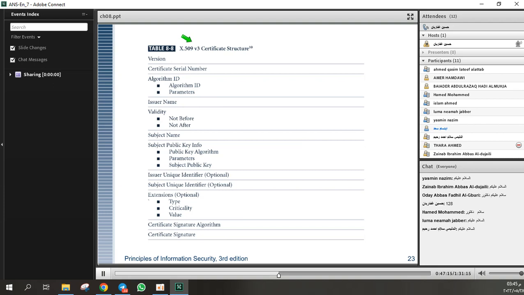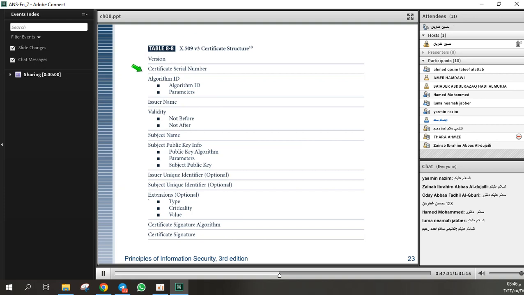In current dates, for digital certificates, we are using the X.509 protocol version 3. This is the X.509 version 3 certificate structure.